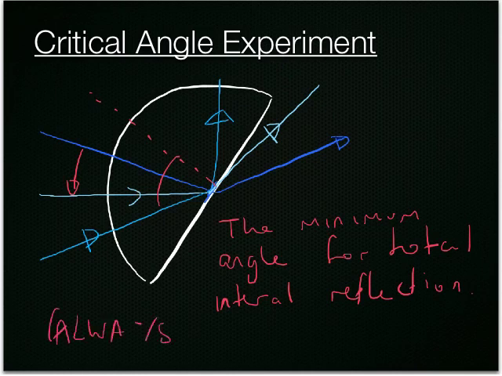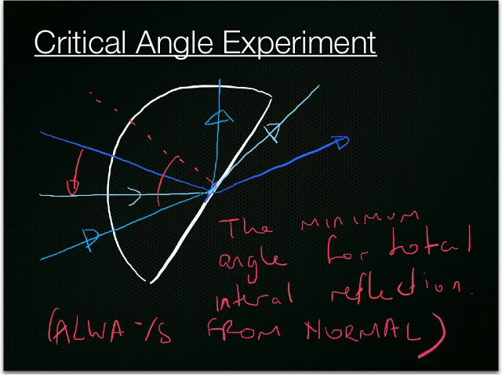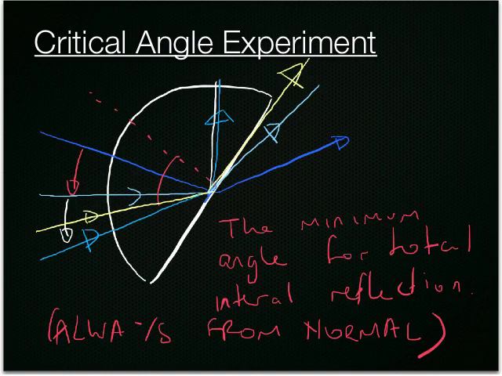So the simple experiment is you move your light rays around, and then you eventually get a point where the light actually travels along. So let's say it's about here. The light actually travels along the boundary. That is your critical angle.